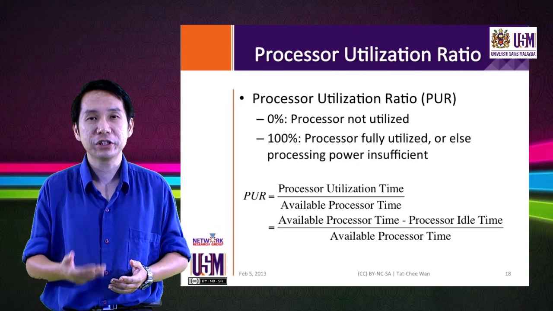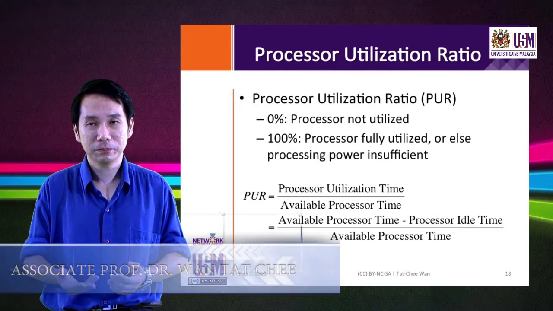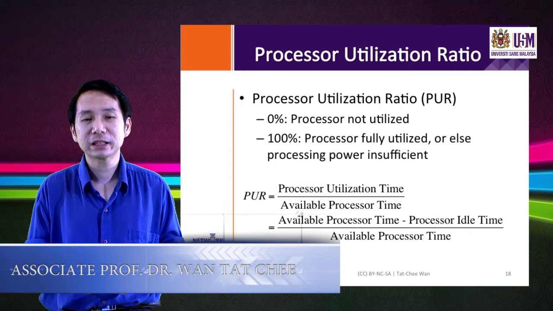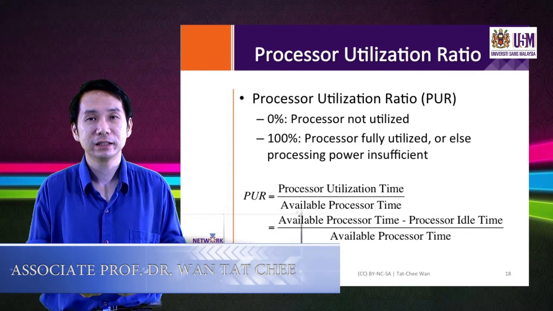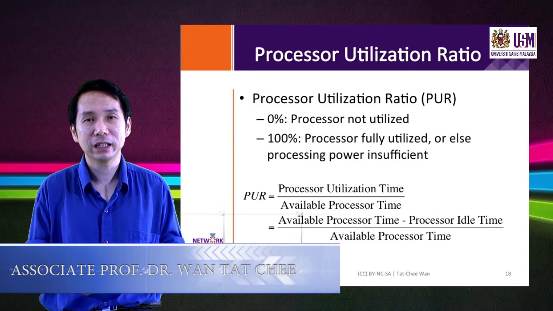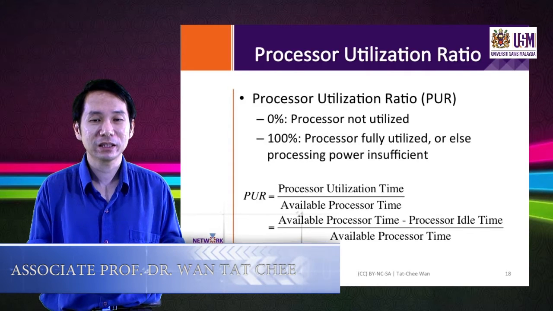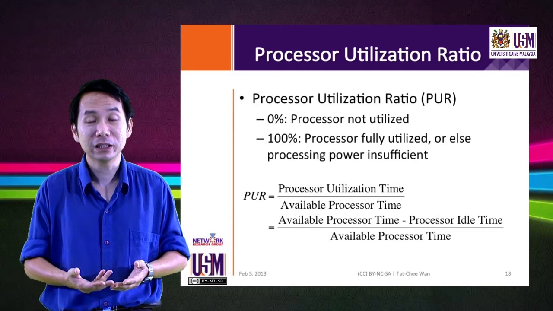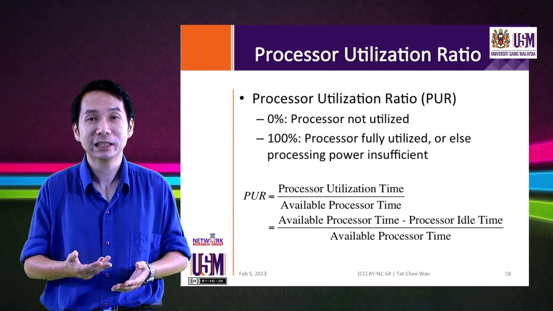Processor utilization ratio, or PUR, indicates to the developer how much of the CPU is busy. If it is 0%, the processor is not being utilized and is basically idle. If it is 100%, the processor is fully utilized, or else the processing power is insufficient because there may be tasks that are delayed, but because the CPU is 100% utilized, it is not able to execute them in time.